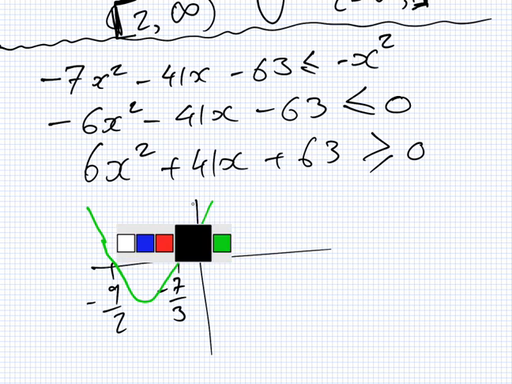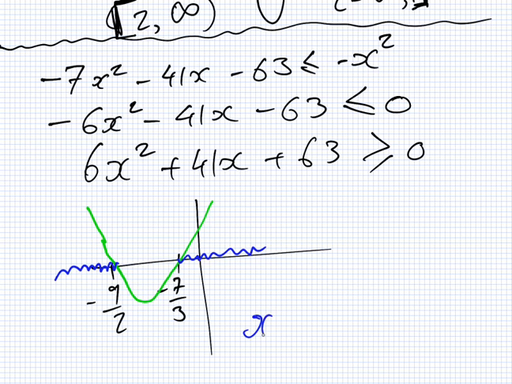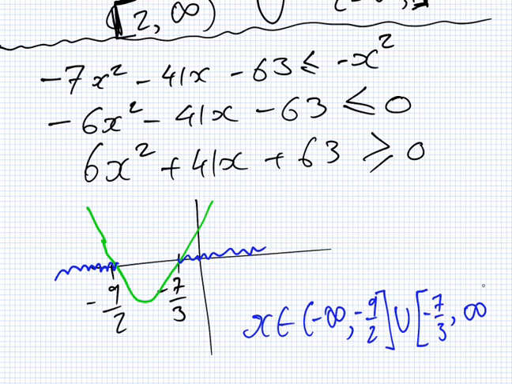So again, I want it to be positive, so that means I want to use this piece or this piece. So my answer is minus infinity to minus 9 over 2, and then minus 7 over 3 to infinity then.